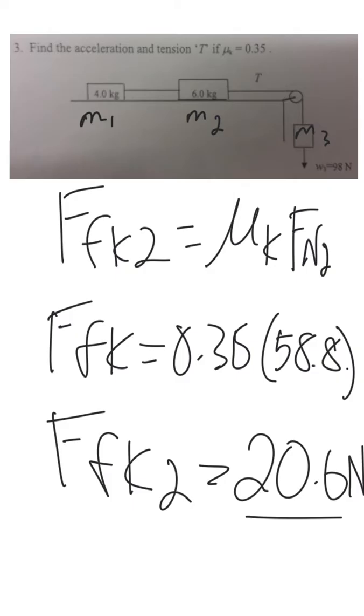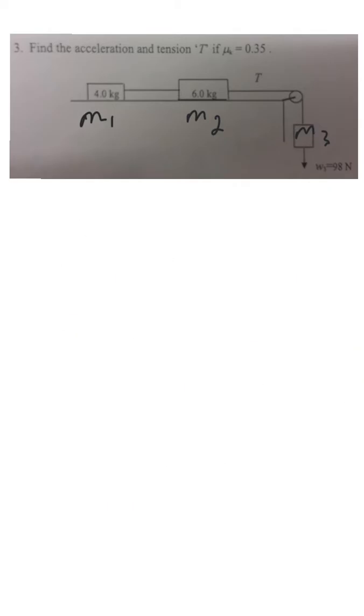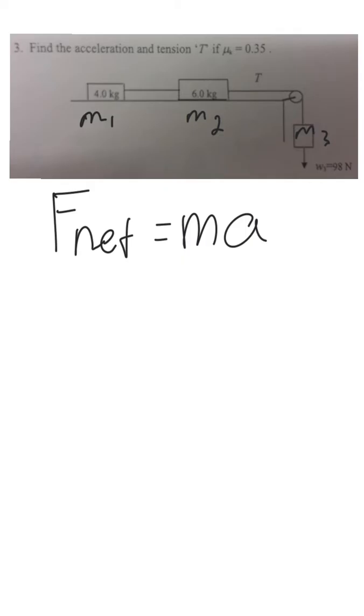You know weight 3. Now we can actually go ahead and solve for the acceleration. So what we know is that Newton's second law states that F net equals ma. Now, what you're going to do here is look at the system, the entire system moving as one cohesive thing. So it's the total mass of the system that is accelerating.